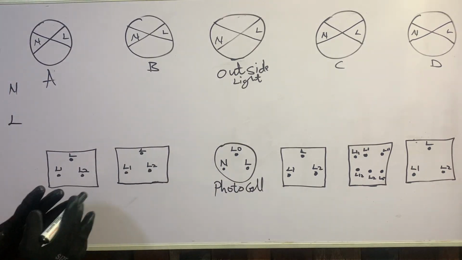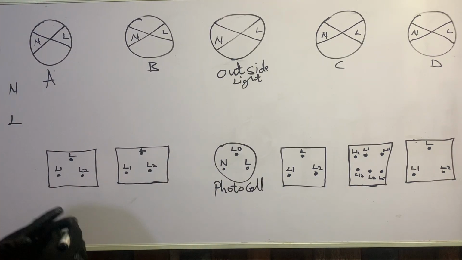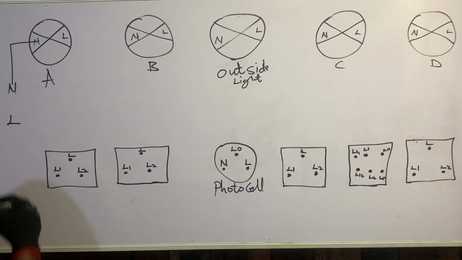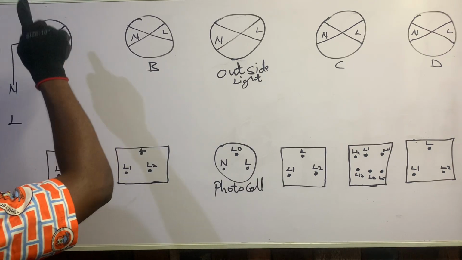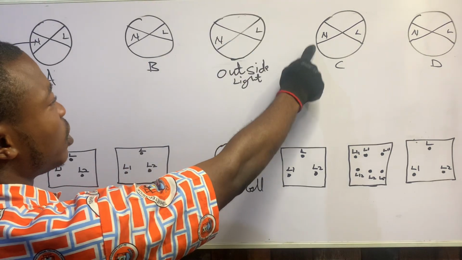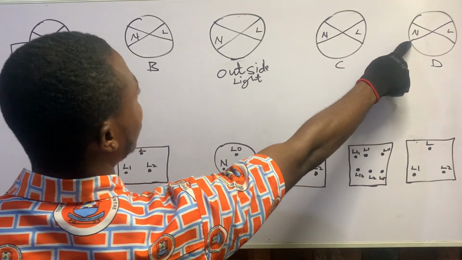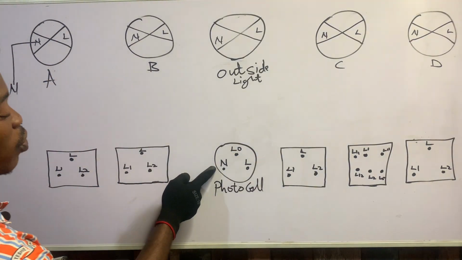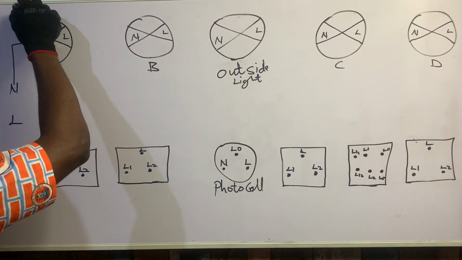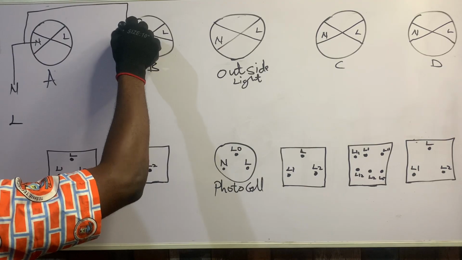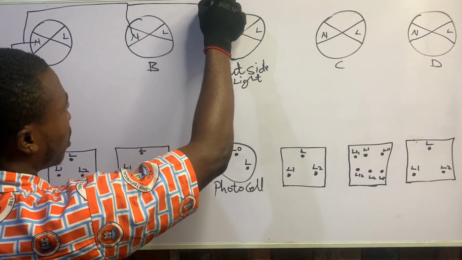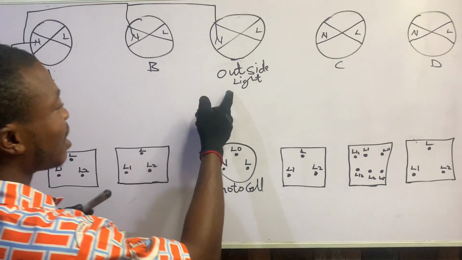What we are going to do now is connect our neutral. First of all, this is our neutral supply. We connect it here. We need to loop from lamp A to B, and then to the outside light, to C, and then to D, and then bring it to our photocell here. So it goes to our B here, and then to our outside light.